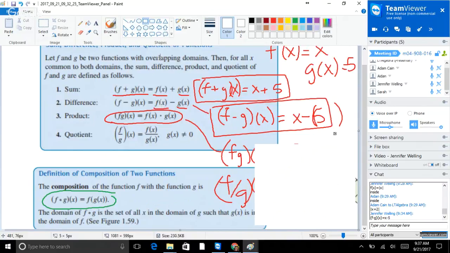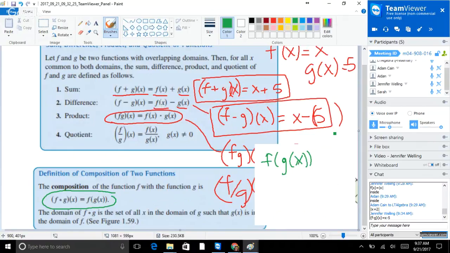For this example, it's pretty easy. If we have f composed with g, basically we're going to substitute g of x as our x in f of x. That totally made sense, right? But when you see it, it'll make sense. So we have f of g of x.